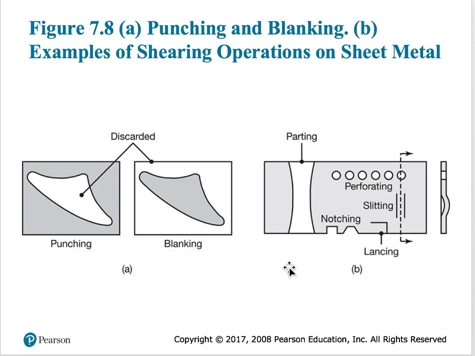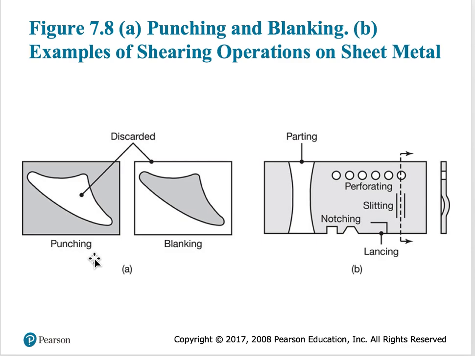What are the different types of shearing operations that you can have? You can have die cutting, you can have fine blanking. The first one is punching, and the second one is blanking. If you have punching, then the piece that is removed from this area is discarded.